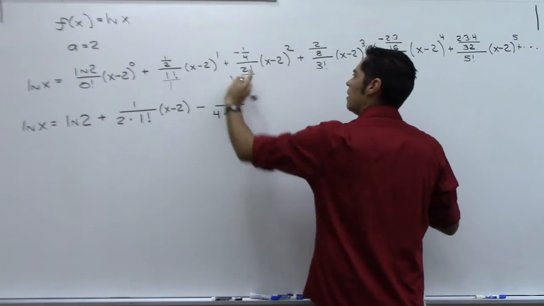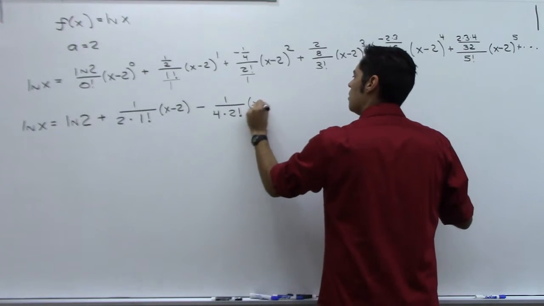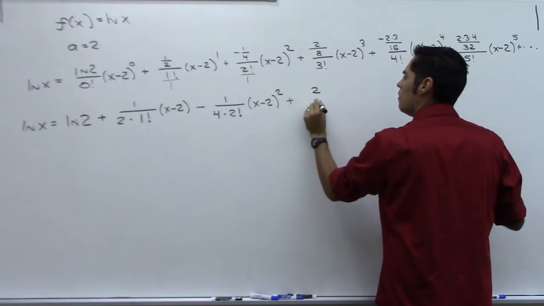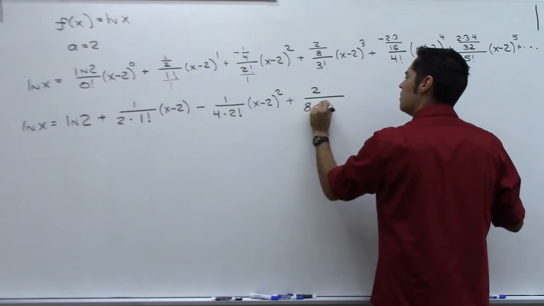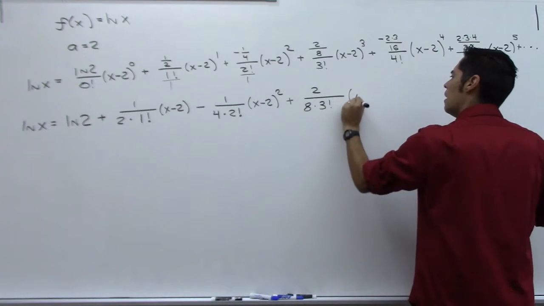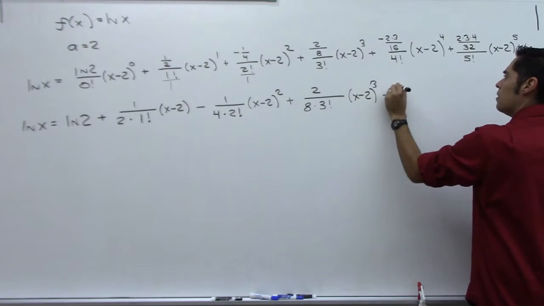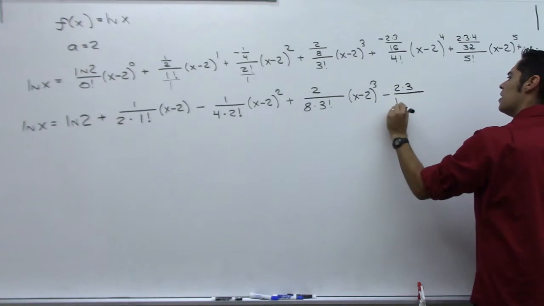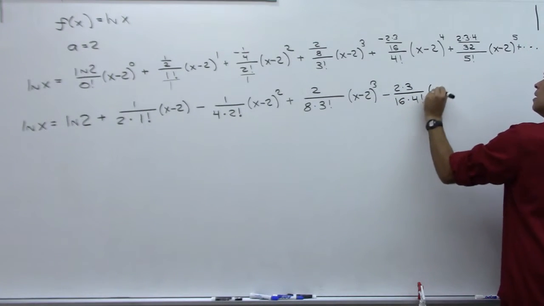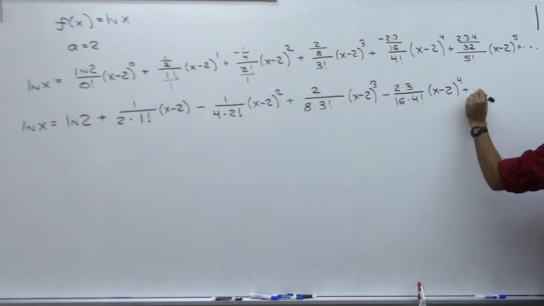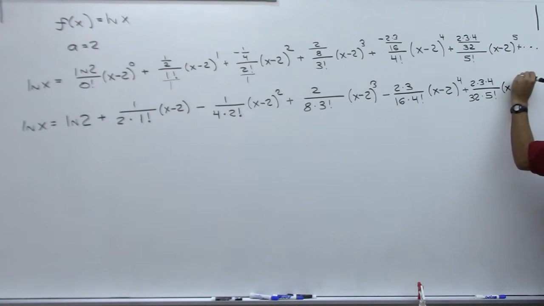So again, writing that like that and flipping it. X minus 2 squared, and then plus 2 over 8 times 3 factorial, so flipping again, x minus 2 cubed, and then minus, because this one's negative, 2 times 3 over 16 times 4 factorial, x minus 2 to the 4th, and finally, plus 2 times 3 times 4 over 32 times 5 factorial, x minus 2 to the 5th plus dot dot dot.